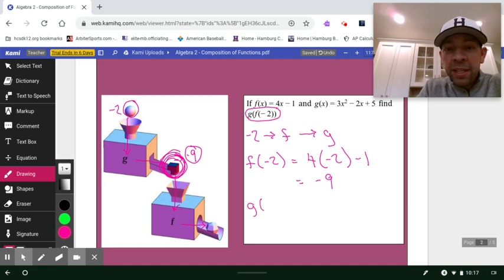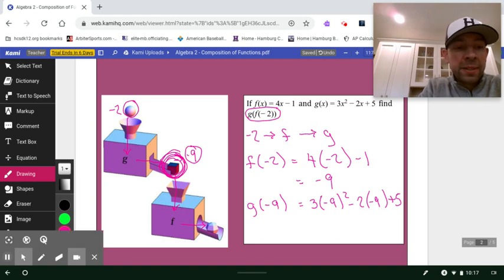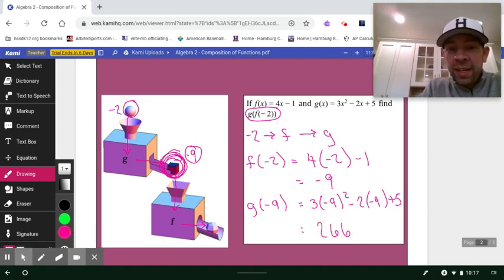I need to plug that into g. So g of -9 is going to be 3 times -9 squared minus 2 times -9 plus 5. And let's see what that makes. That's going to make a good old 266. So this final output would be 266. That's my final answer.